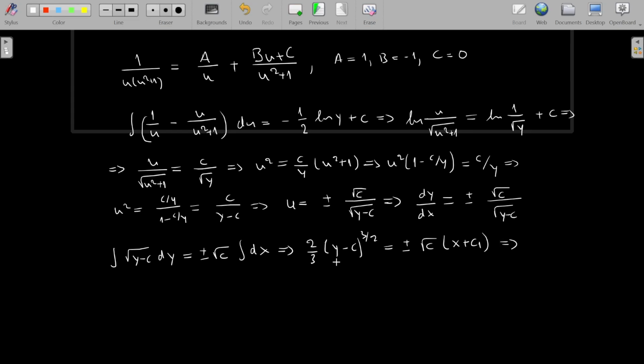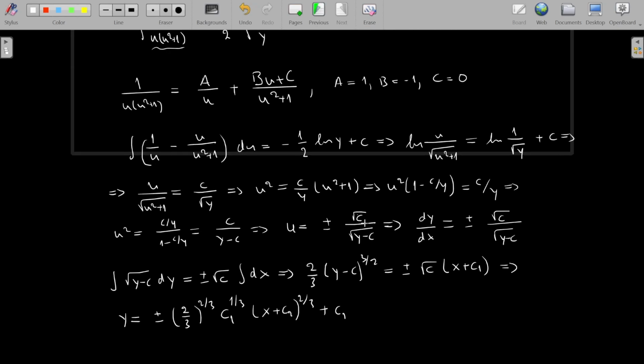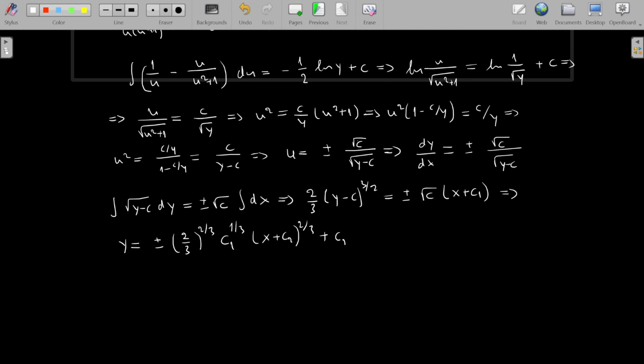And if you do all these calculations, what you're going to get is that y is equal to plus minus 2/3 to the 2/3, a constant, and x plus 2 to the 2/3 plus another constant. And this is going to be the solution to this differential equation. You can go ahead and plug it in if you want, just to have some fun.